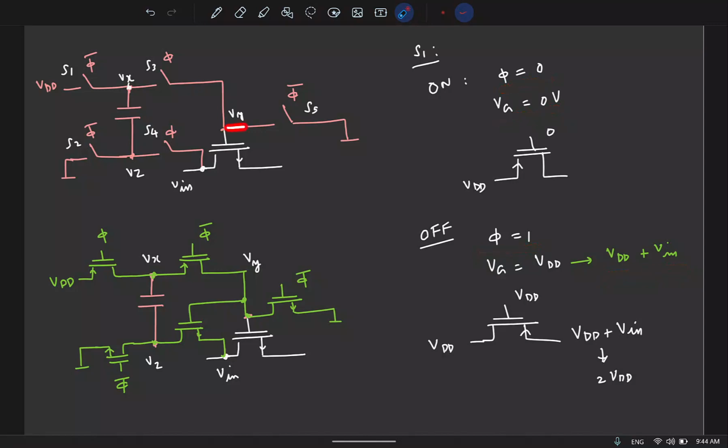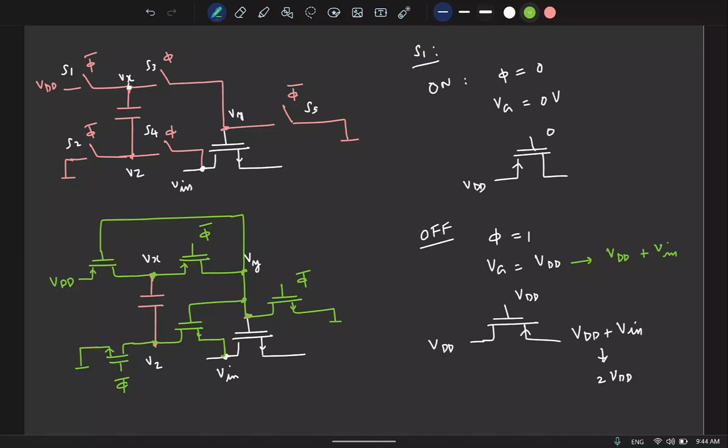Vy is connected to 0 when phi is 0, and when phi is 1, we have the connection like this, so this is connected to VDD plus Vin. So what should I do then? I'll connect the gate voltage to this guy. Okay, so this is the complete circuit.